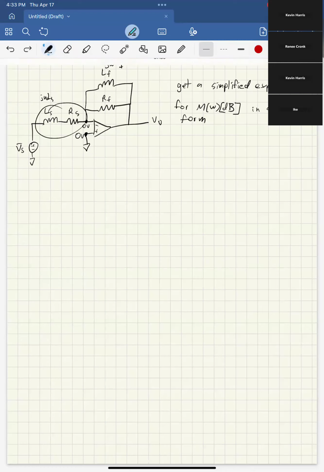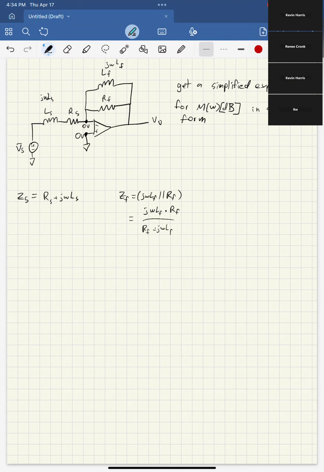ZS is the equivalent impedance of these two components together, so that is simply R_S plus j omega L_S. Likewise, ZF is j omega L_F in parallel with R_F, which equals j omega L_F times R_F over R_F plus j omega L_F.